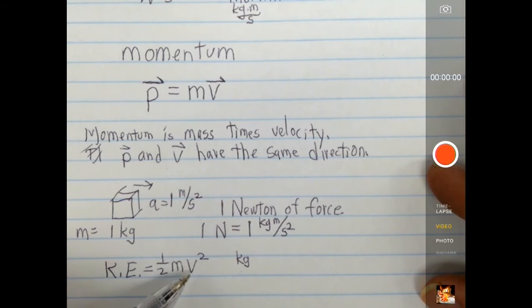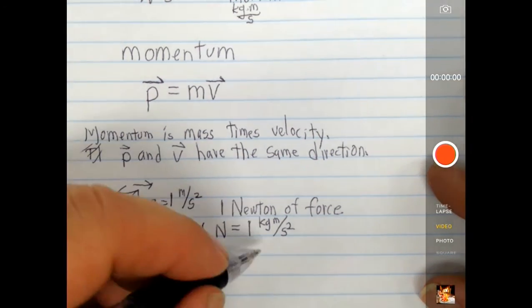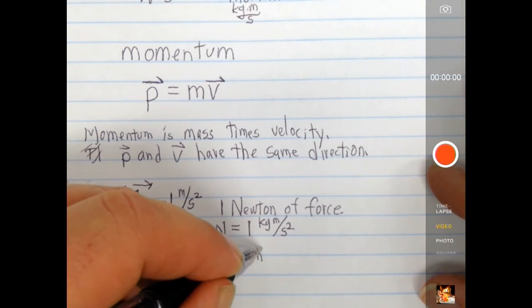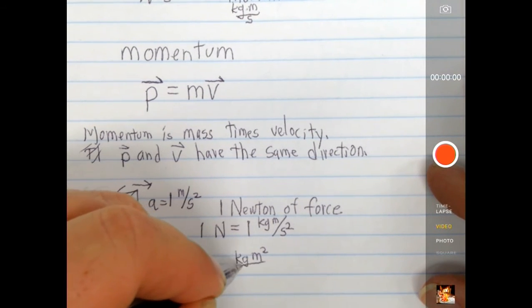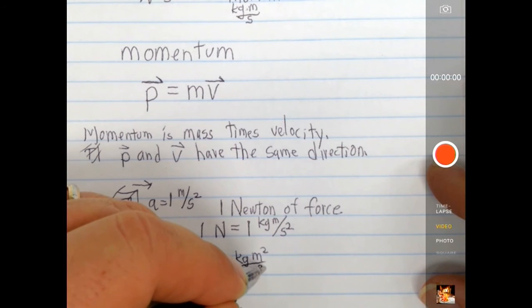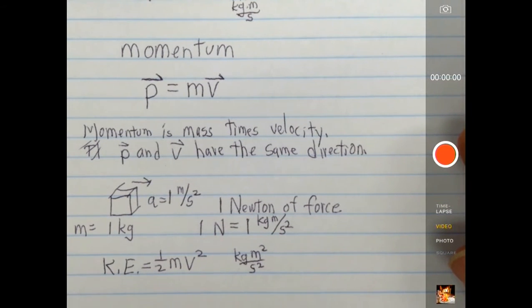The meters per second for velocity becomes squared. And so that makes it meters squared per second squared. So kinetic energy, meters squared per second squared.